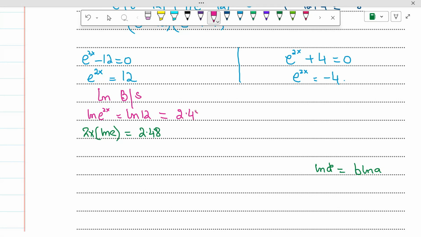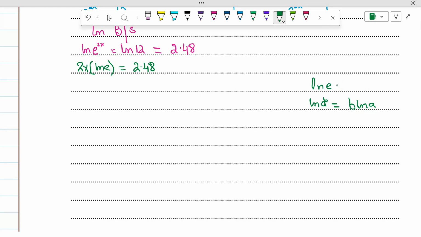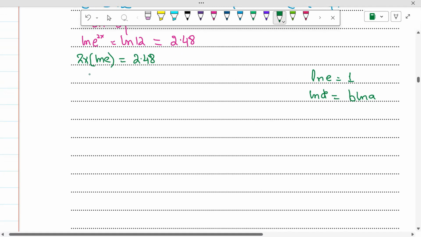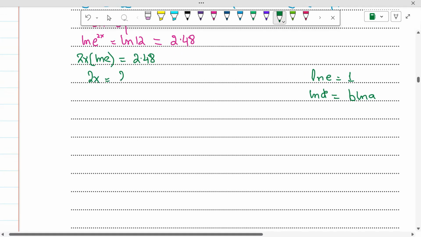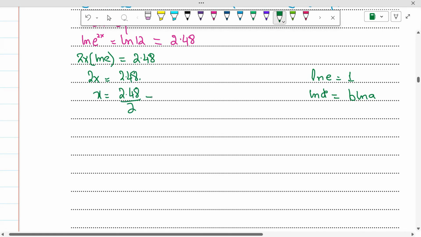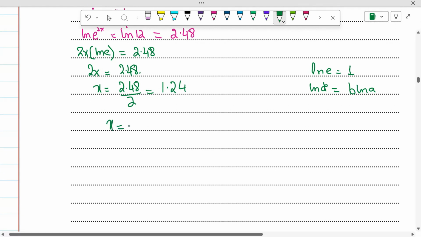Sorry, this one is 2.48. ln e is equal to 1. So we will have 2x equal to 2.48, and x is equal to 2.48 over 2, and this is equal to 1.24. So we have the solution, which is x equal to 1.24.